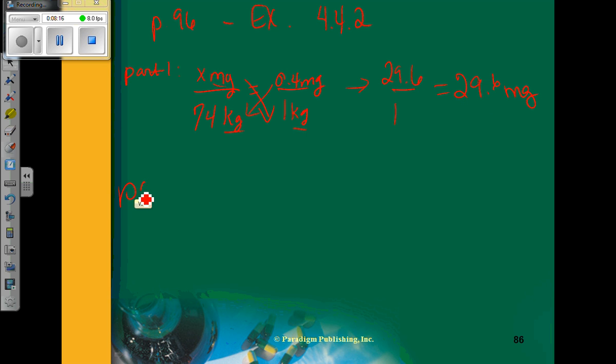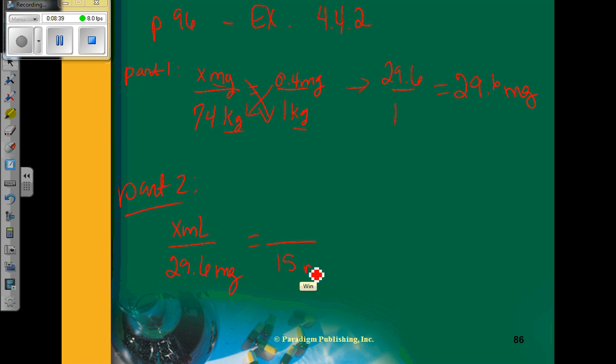Then you're going to do part 2. Next you're going to find your X milliliters. And we know we have a dose of 29.6 milligrams. And then we have, of course, the medication is available in 15 milligrams per 10 milliliters.